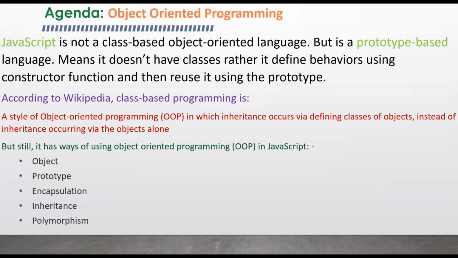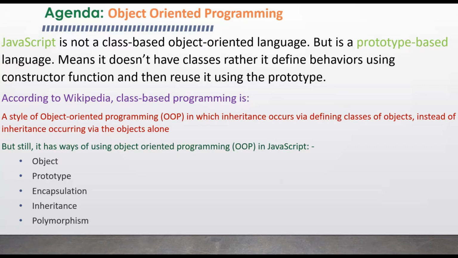It means it doesn't have classes, rather it defines behavior using a constructor function and then reuses it using the prototype. So what does the prototype mean? We'll have a separate tutorial to explain the prototype with examples. But for now, unlike other languages, let's say Java, Java is a class-based programming language.